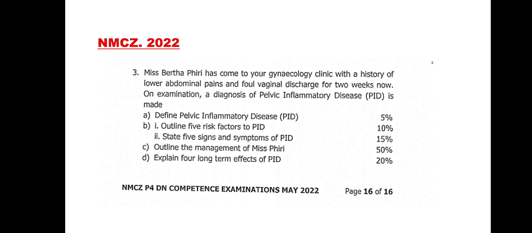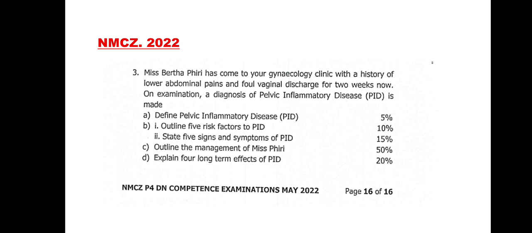Then the other long-term effect could be ectopic pregnancy. How about ectopic pregnancy? So now, look at this pelvic inflammatory disease. There is an inflammation, and then there is damaging of the pelvic organs. You understand?